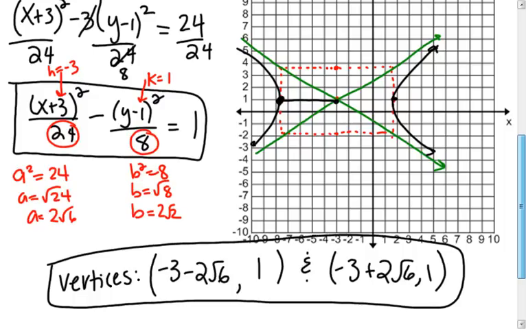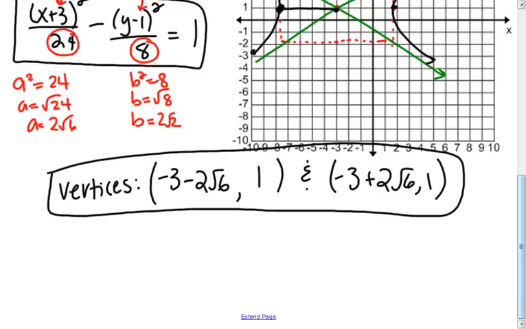In order to find your foci, of course, you need to know what c is. So I'm going to go down here and find c. We know that a squared plus b squared equals c squared in this case. So you have 24 plus 8 equals c squared, so c squared is 32.